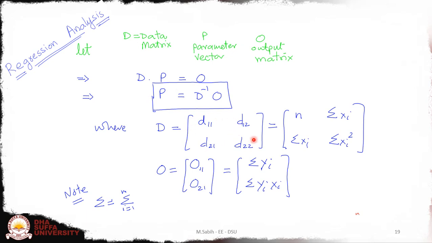The value of D is D11, D12, D21, D22, where D11 is basically n, D12 is summation of xi, D21 is summation of xi, and D22 is summation of xi square. It is a symmetric matrix, because the off-diagonal elements are the same, summation xi and summation xi. Notice that I'm just writing summation; basically this is summation from i equals 1 to n. The output vector is O11, O21, which is summation of yi and summation of yi times xi.